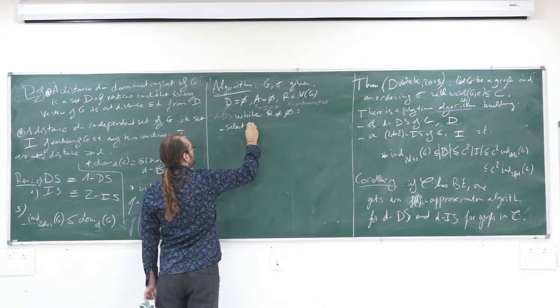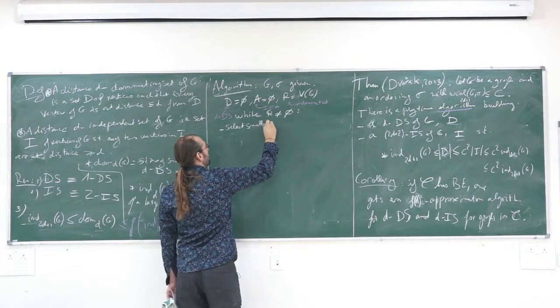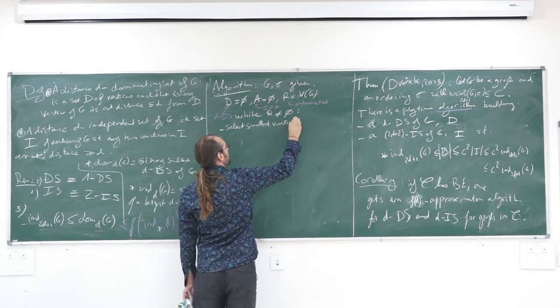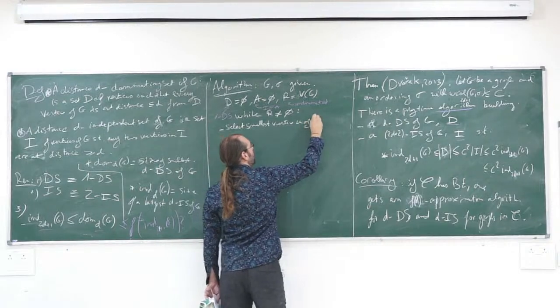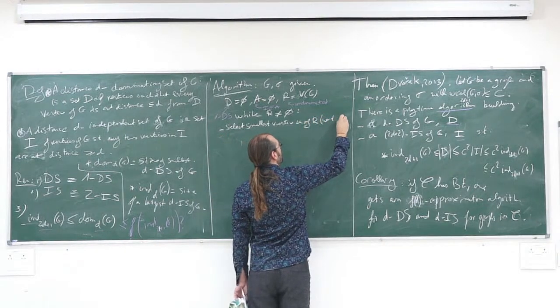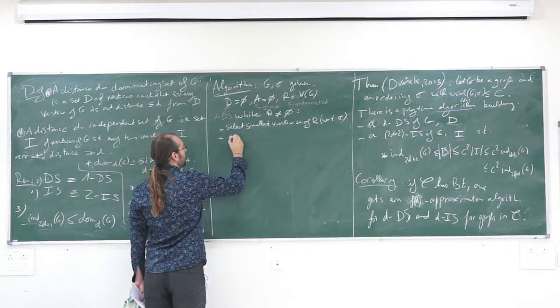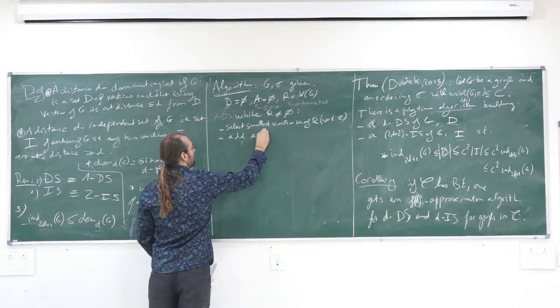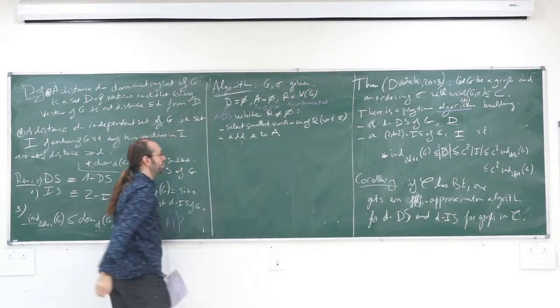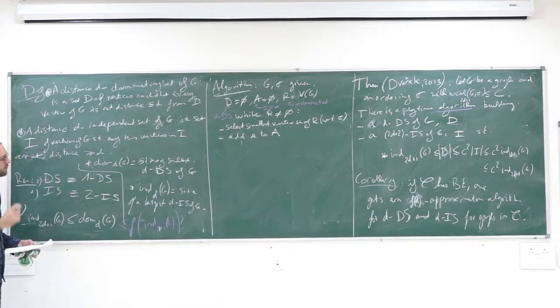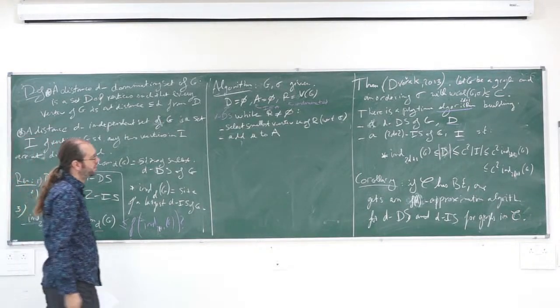So select the smallest vertex U of R in my ordering sigma. I add U to A, so that means this U could potentially be in the independent set. Perhaps it will be in the independent set.